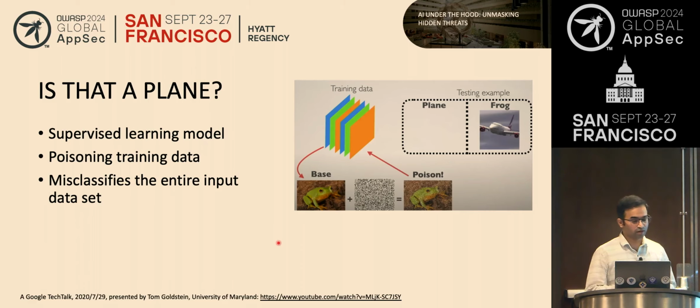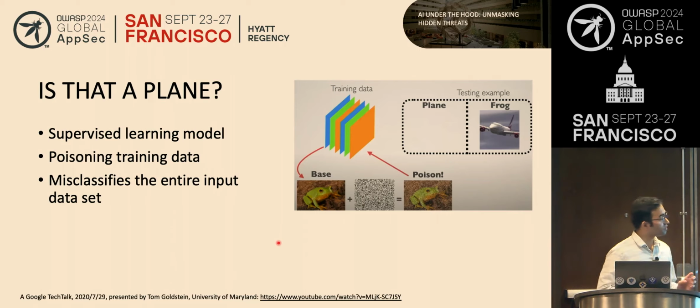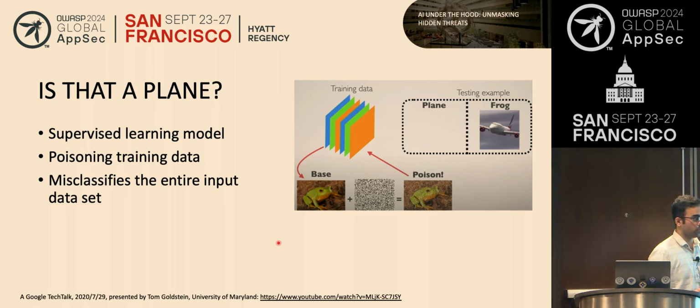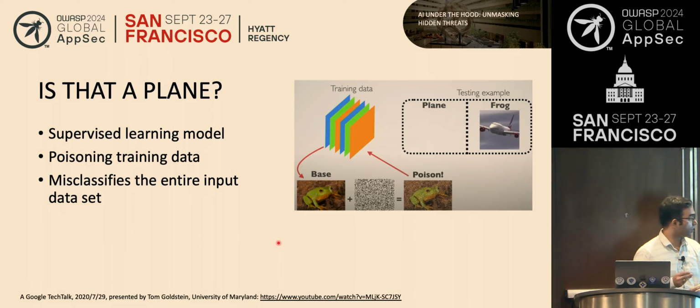There is another example, with respect to supervised learning. In this, a model was trained on a clean data set. However, the adversaries took one of the images, transformed it, or added some adversarial noise to it, and fed it back to the model to classify.